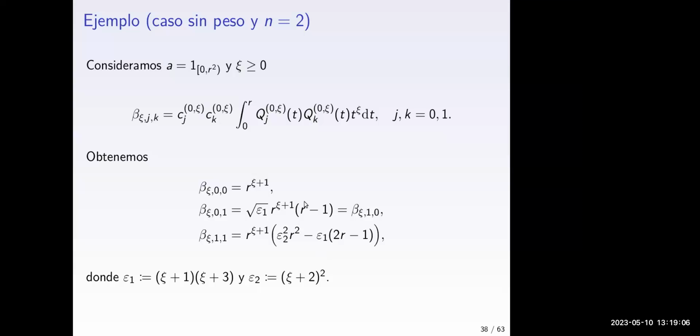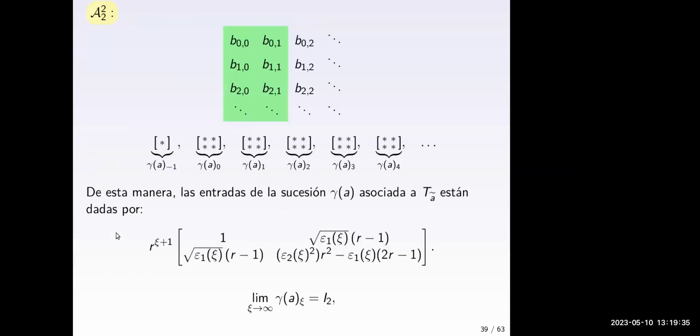Now I just want to give an example. Let's suppose that we have this indicator function, and the entries, as we can see by the last formula, can be calculated by this integral. We get the components of the matrix for the two polyanalytic Bergman spaces.